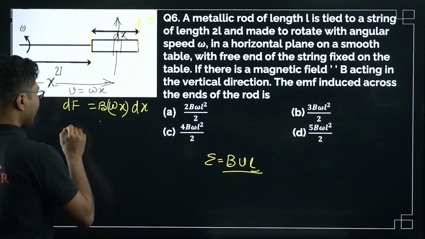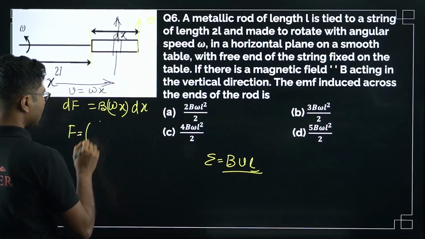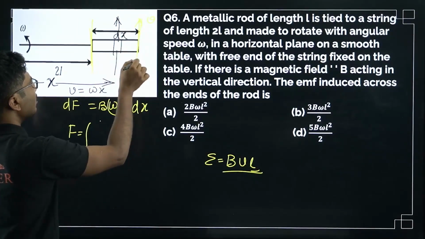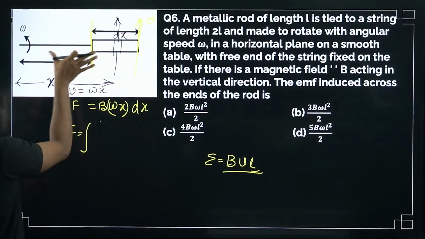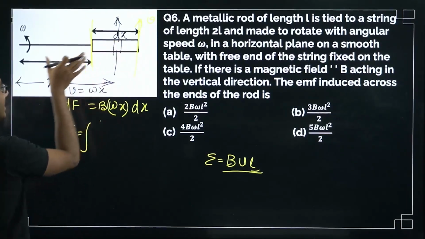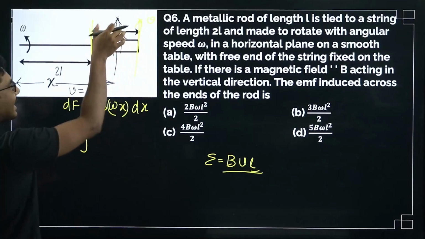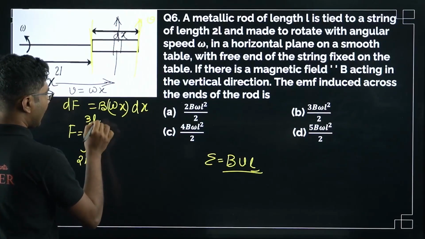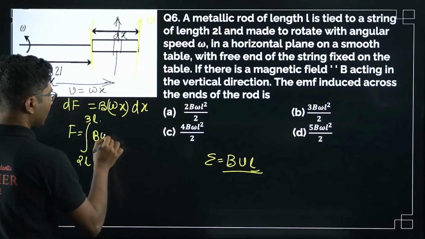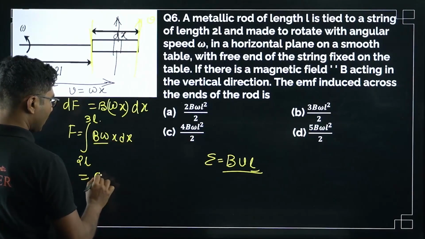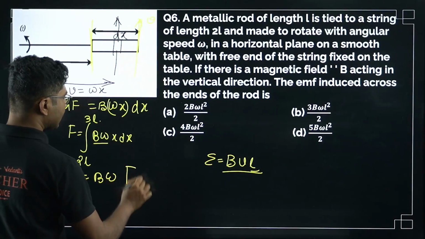So now we have to integrate this. How to integrate this? Integration will be happening from here to here, that is 2L to 3L. Here the distance from the center is 2L, here the distance from the center is 2L plus L, that is 3L. So 2L to 3L, and obviously B omega x dx. Now this B omega is constant, so it will come out, and you get inside the integration x dx.